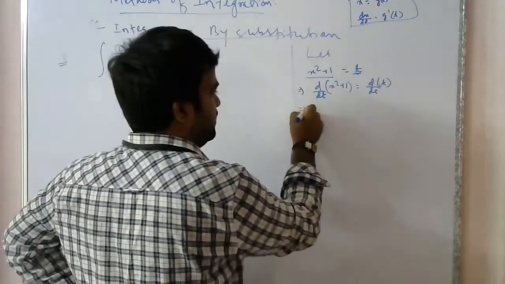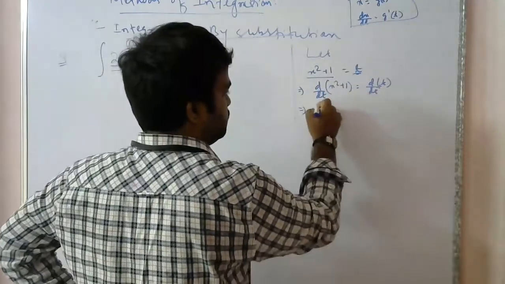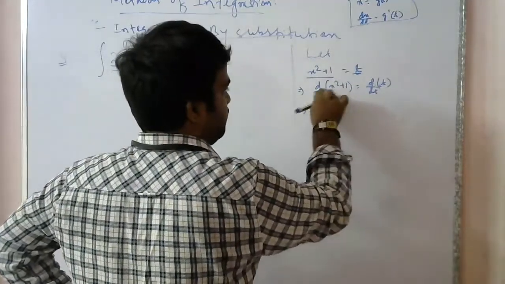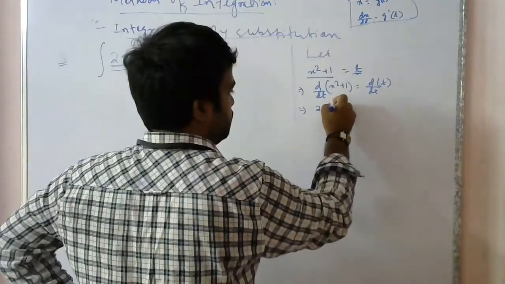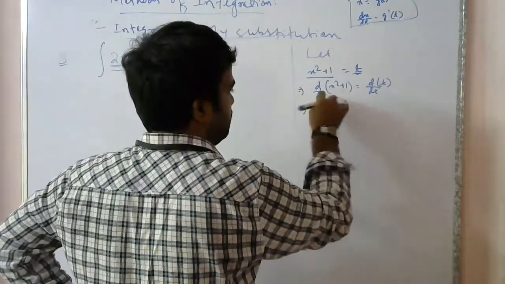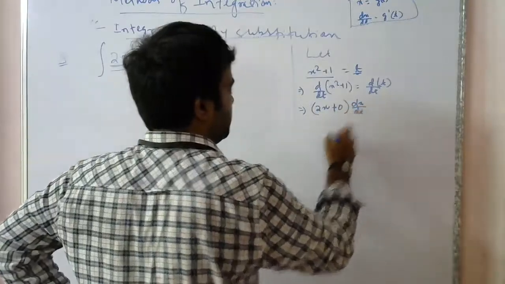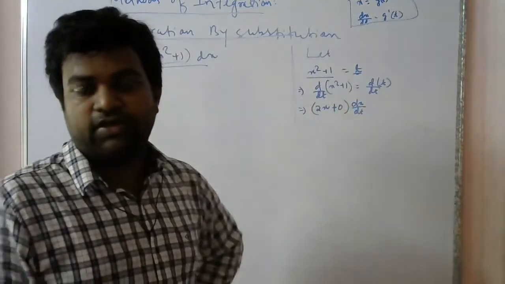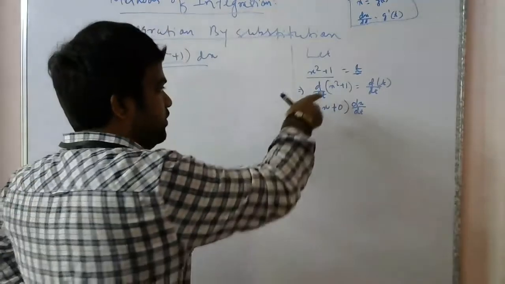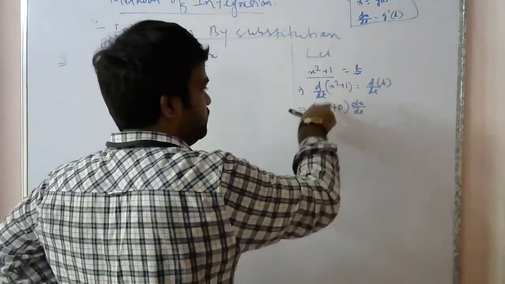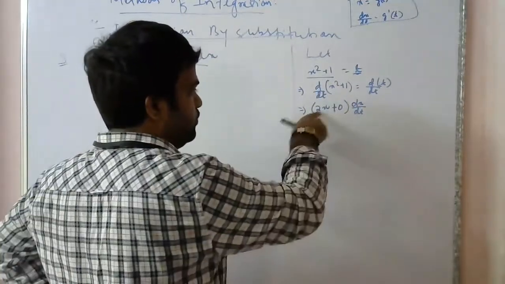Now you can write that d by dt of x square plus 1 will give you 2x, the constant is 0. And a term will come, dx upon dt, using the chain rule, because it's not a variable of t, right? If it were t square plus 1, then the result would be only 2t.